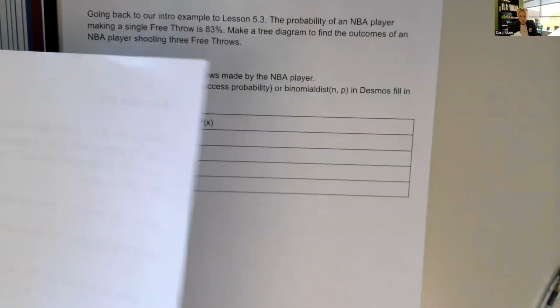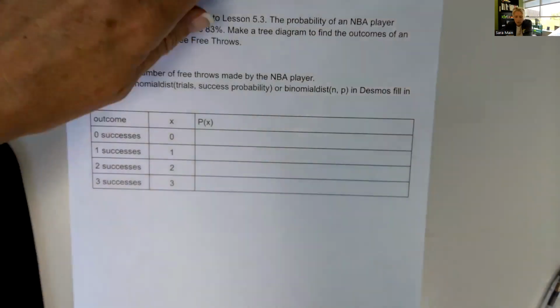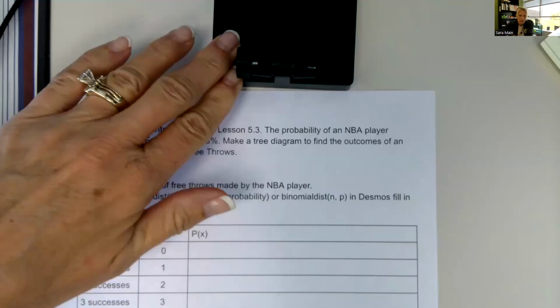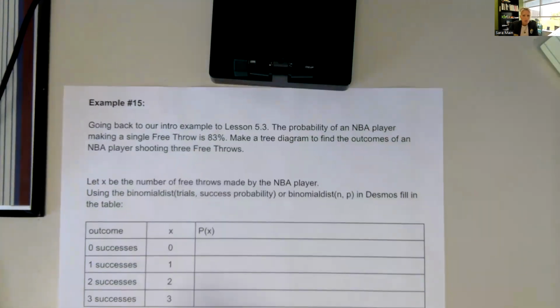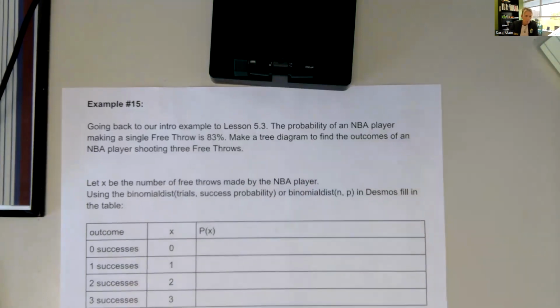Now for our last example for lesson 3 before the midterm, last lesson. So it's going back to our intro example to lesson 5.3. The probability of an NBA player making a single free throw is 83%. This is going back to the beginning of chapter 5, where we made a tree diagram of all the outcomes.